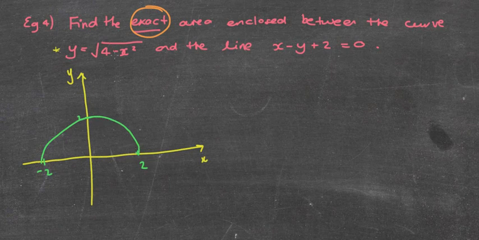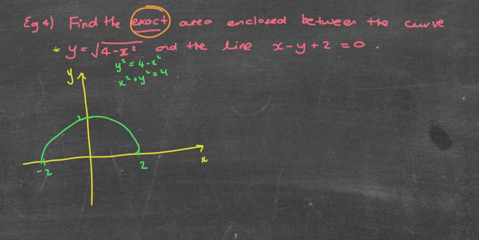Well, I don't like the square root, so I square everything, which makes it y squared equals 4 minus x squared, which makes it x squared plus y squared equals 4, which you know to be a circle, but it's only the positive value, so it's the top half of the circle. So that's another way to think about it if you can't remember what type of graph that's going to be.